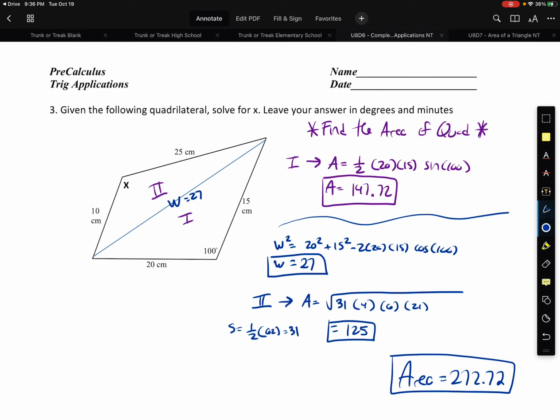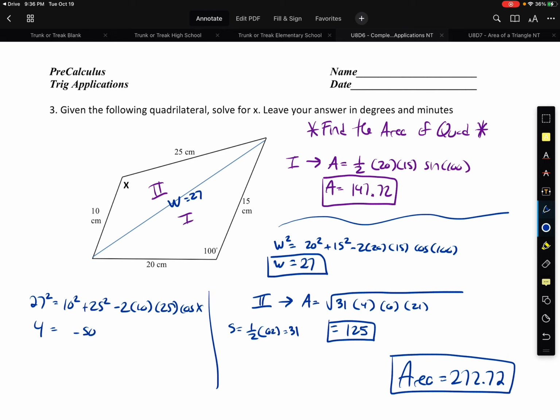Finishing this problem off, we have to solve for x. How do I solve for x here? Again, law of cosines. 27 squared equals 10 squared plus 25 squared minus 2 times 10 times 25 cos of x. So 27 squared minus 10 squared minus 25 squared gives me 4.